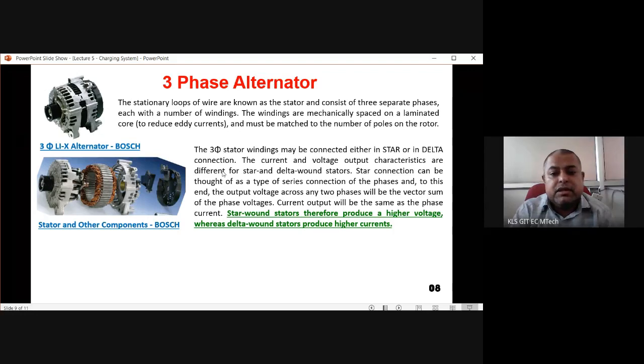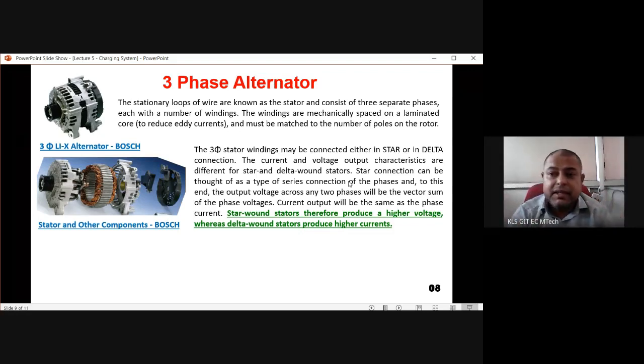So current output will be the same for phase and line in case of star, but in case of delta, the line current is root 3 times the phase current. So if we want a higher amount of current from the generator, we use delta connection in the stator. So star wound stator produces a higher voltage, whereas delta wound stator produces a higher current.